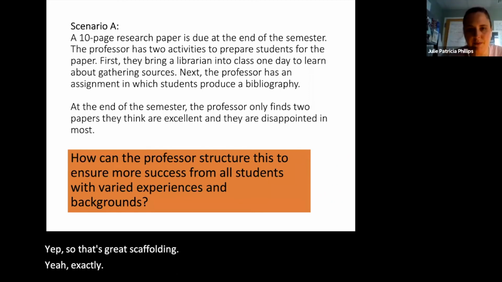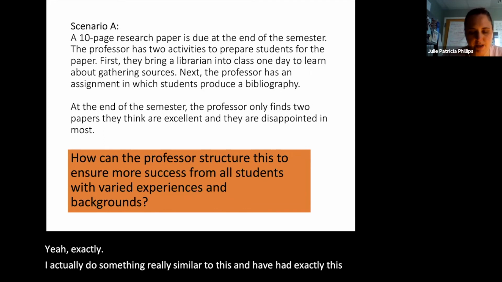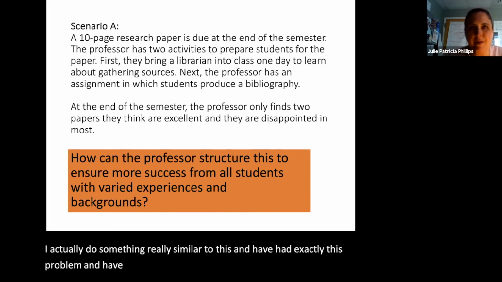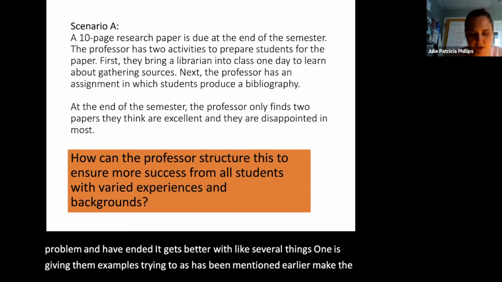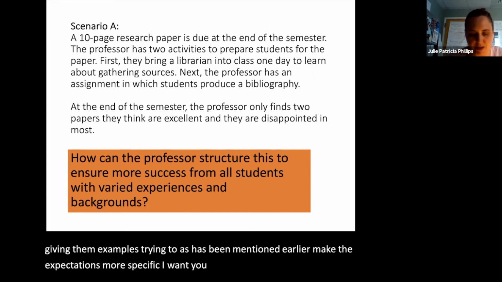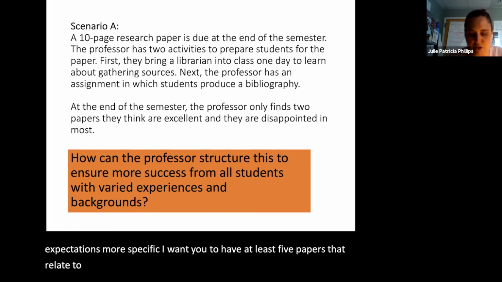I actually do something really similar to this and have had exactly this problem, and have found it gets better with several things. One is giving them examples and, as has been mentioned earlier, making the expectations more specific. Like, I want you to have at least 5 papers that relate to your research study and describe how or why they're related. Just adding specificity helps.